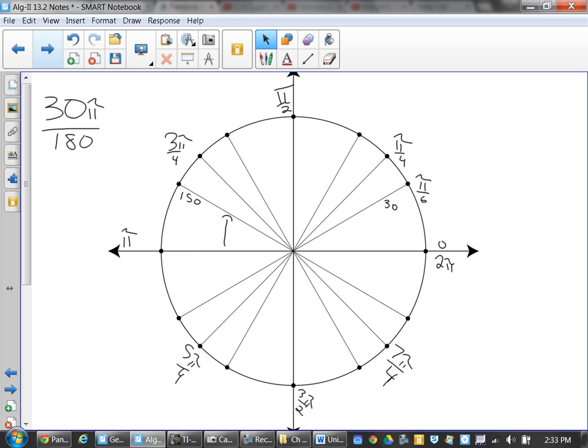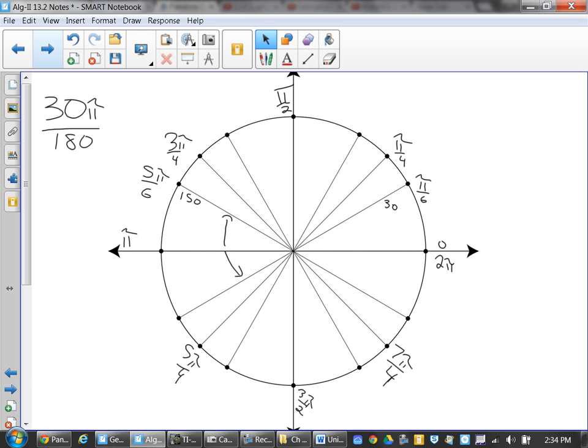Remember, if I have a 30 degree reference angle, now I want you to think in terms of fractions. In terms of sixths, pi is 6 over 6. If I move up a 6, what is it? 5 pi over 6.